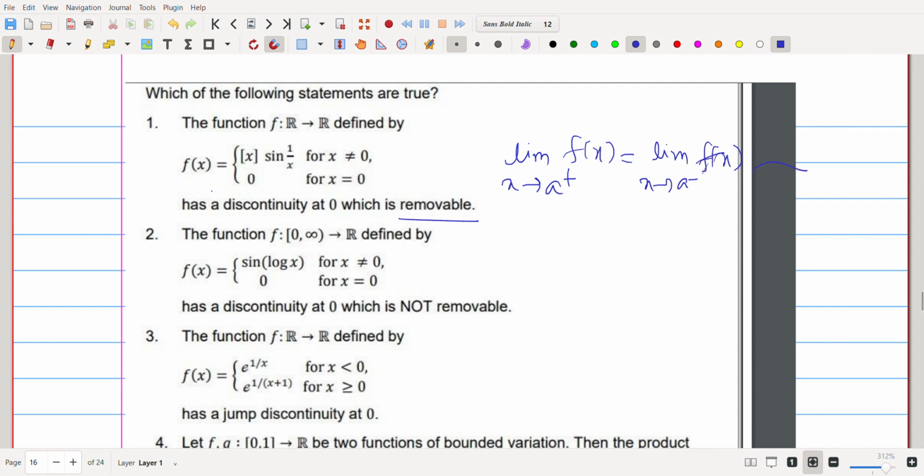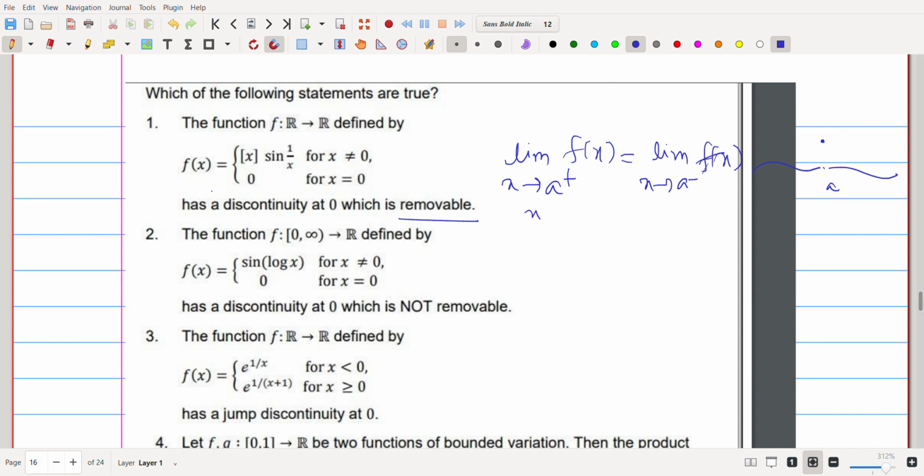Removable discontinuity means, say you have this and this, but somehow at this point a, f is defined in this way, so you can remove this and give this value so that f becomes continuous. So to have removable discontinuity, this limit must exist and be equal, right?